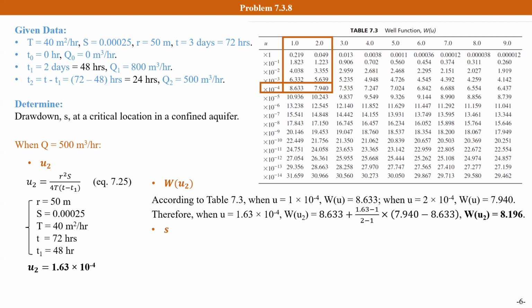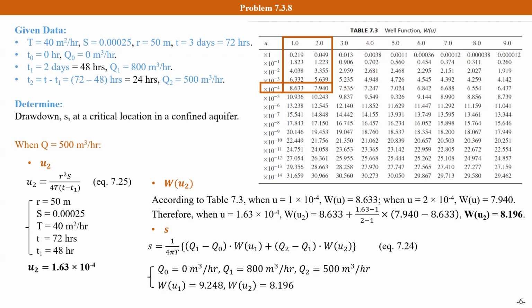Then we can calculate the drawdown by applying equation 7.24. We know the initial flow rate is 0, and the flow rate Q1 is 800 cubic meter per hour, and Q2 is 500 cubic meter per hour.